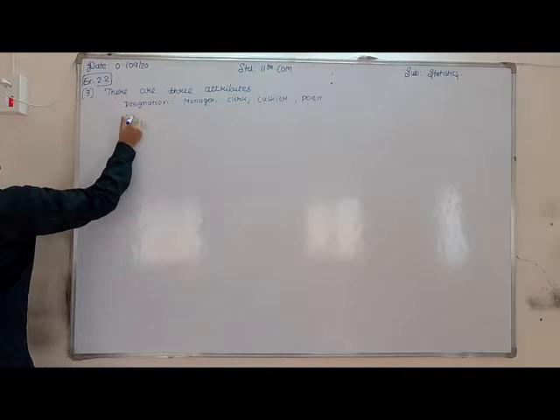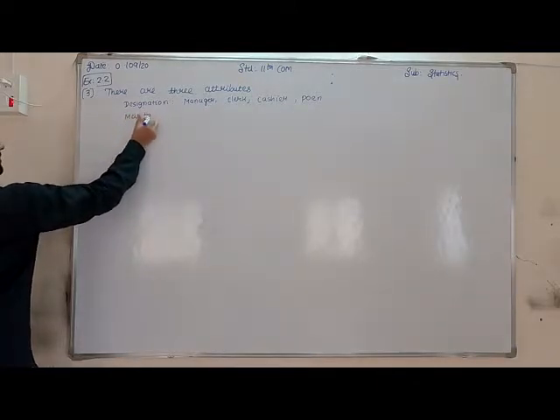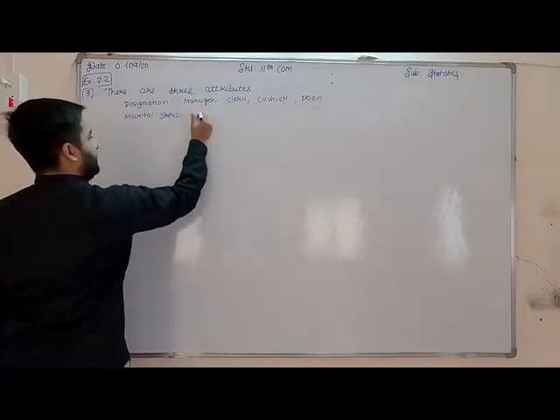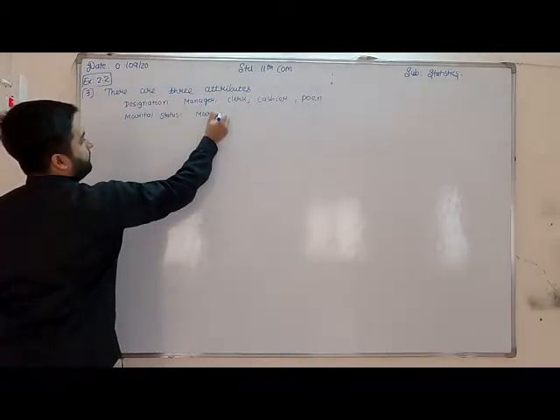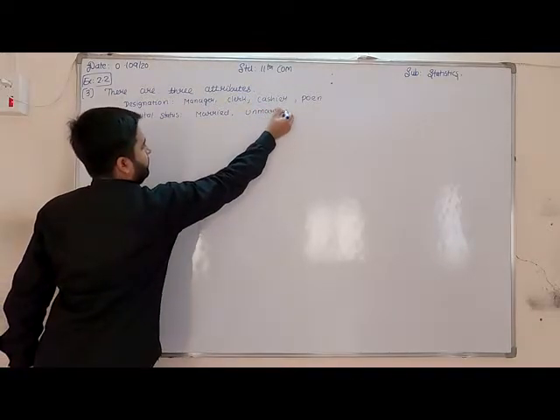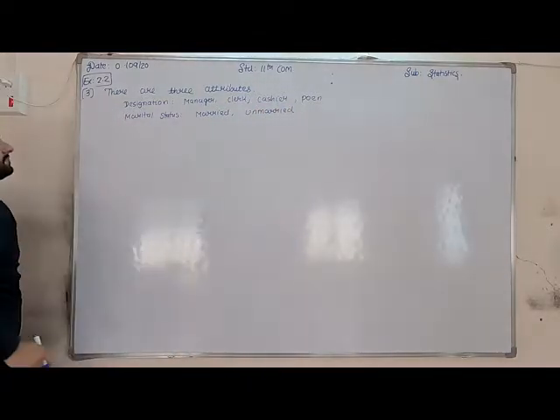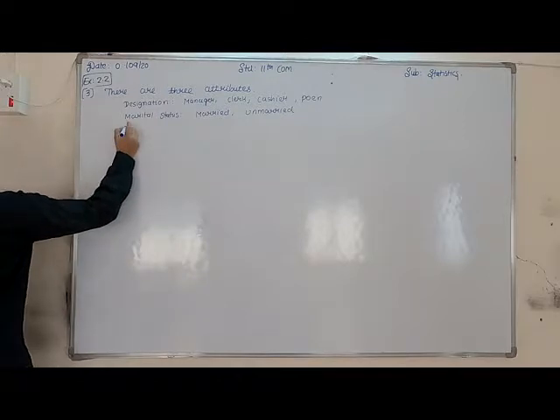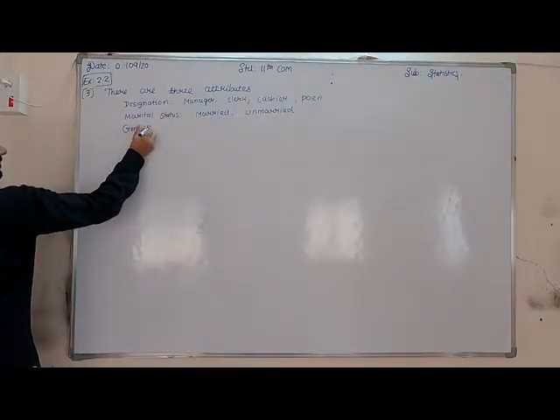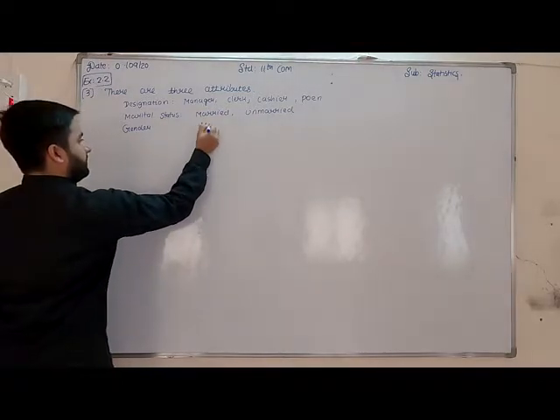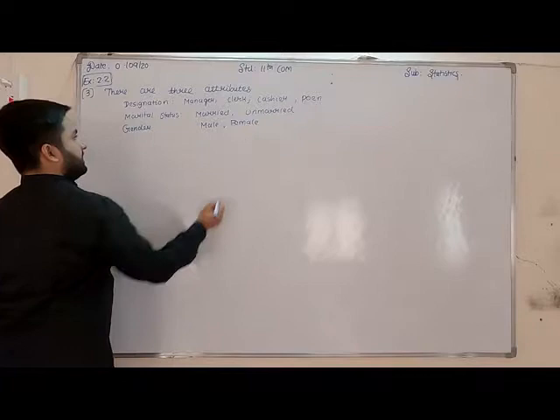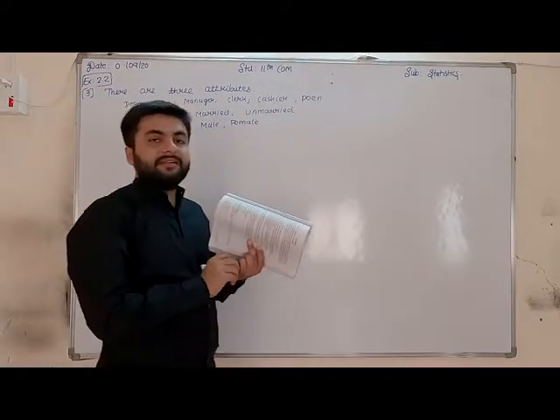Then marital status, in that married, unmarried, and then gender: male, female. Okay, these are the attributes.